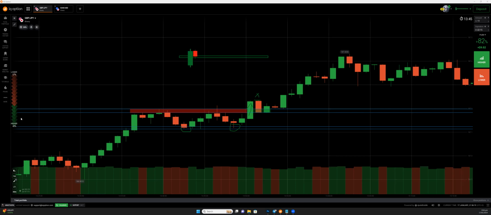If this is not the opportunity, I have another opportunity. I thought that this breakout was true. I went for the buy, but I failed. The next candle didn't respect this support, which becomes a resistance. Directly the next candle again broke down. So if one breakout fails, the next breakout will be true.